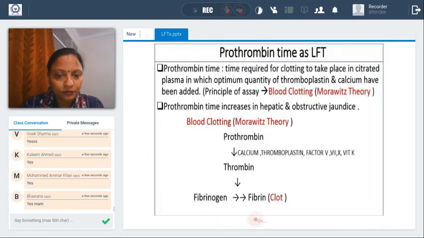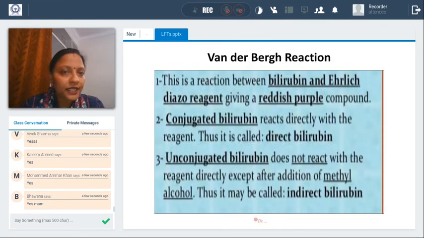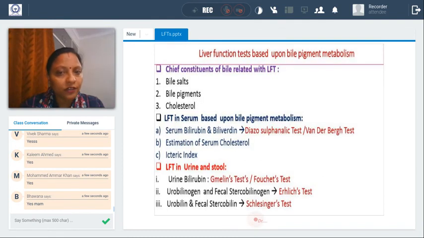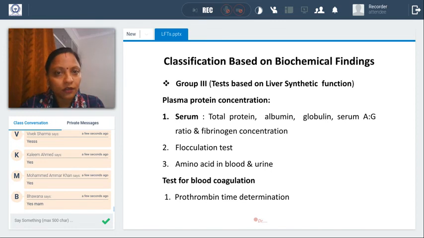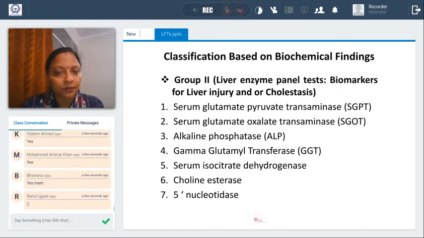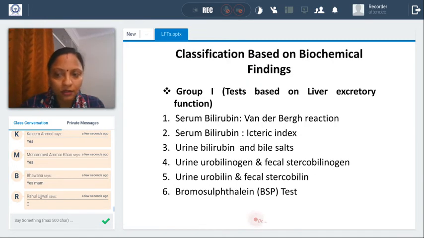Rajendra Singh, please add in the box, what are the major functions of liver? Rajendra Singh, Rahul, Sachin, Jitendra Kumar, please add in the box.